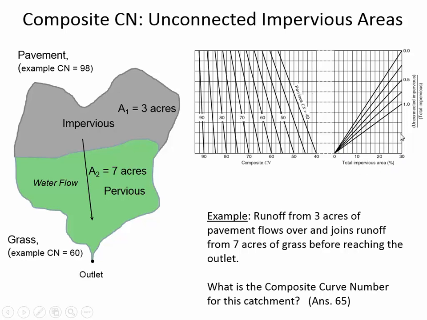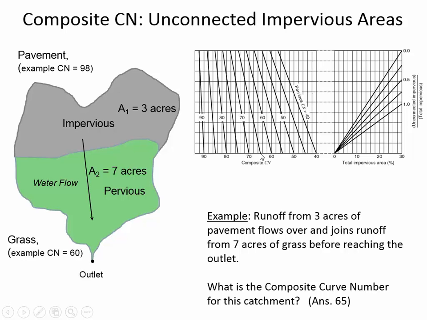Ours, it's 30% impervious, and so this is our intersection point, and we're going to follow it over to the pervious curve number. Now this pervious area here, the grass, has a curve number of 60. So we're going to follow horizontally this point over until we intercept the 60 curve, and then we go down.